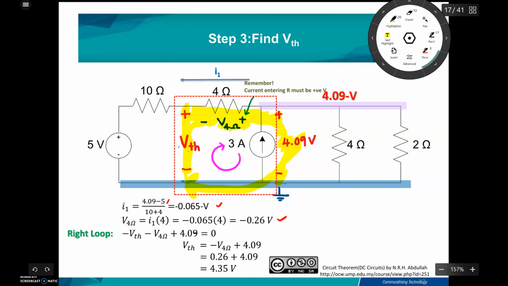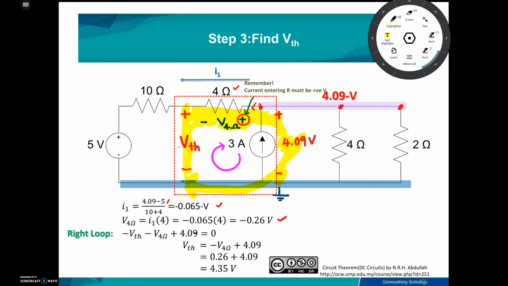Make sure that you select the correct polarity for the 4 ohm, because we assume that the current exits the node. So it means that the current enters your 4 ohm resistor, and then the polarity will be plus and minus. And for the 4.09 volt voltage, you can see that the voltage is from this node to the ground.